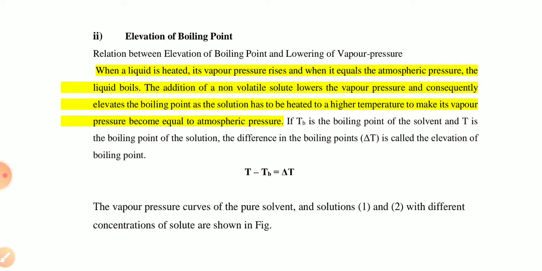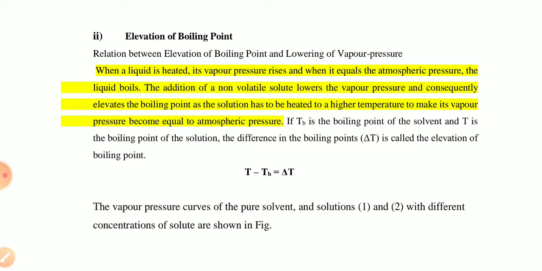What happens when a liquid is heated? Its vapor pressure rises, and when it equals the atmospheric pressure, the liquid starts boiling. The addition of a non-volatile solute lowers the vapor pressure, and consequently the boiling point is elevated, as the solution has to be heated to a higher temperature to make its vapor pressure equal to the atmospheric pressure.